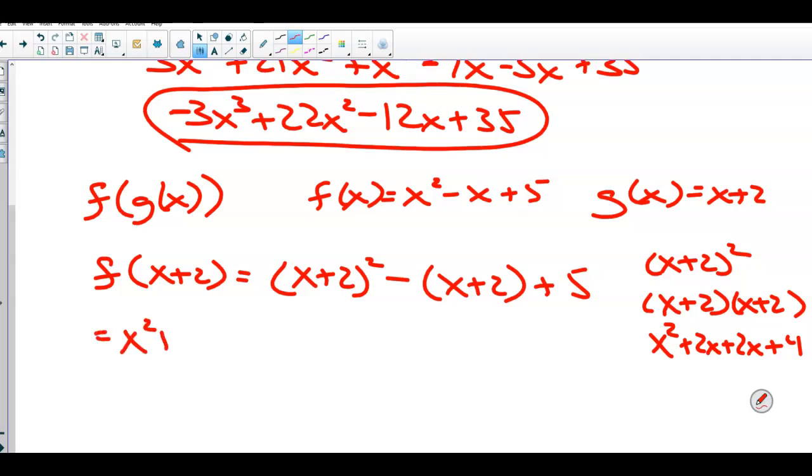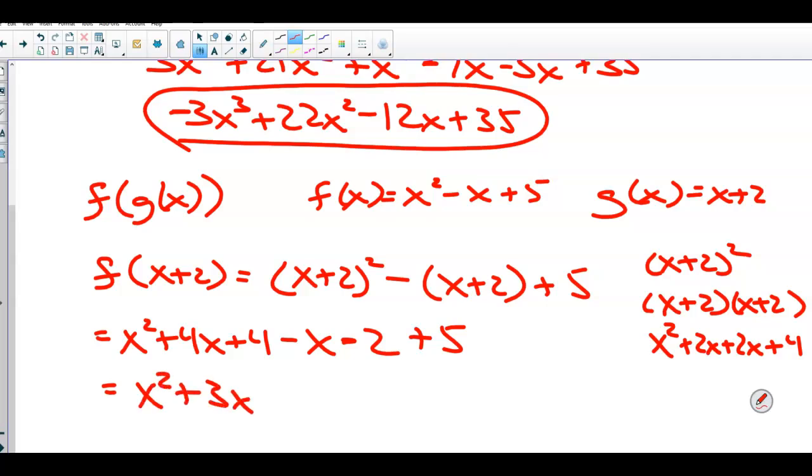So this becomes x squared plus 4x plus 4 minus x minus 2. That gets distributed through the parenthesis, plus 5. So x squared, 4x and negative x, 3x. 4 minus 2 is 2, and 2 plus 5 is 7. There's my answer.